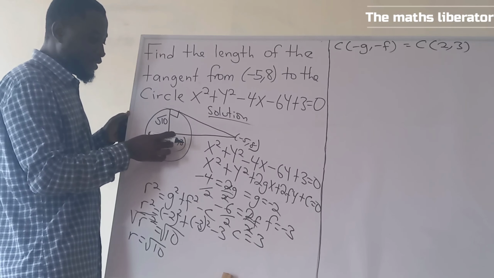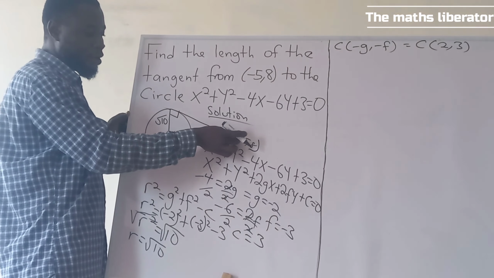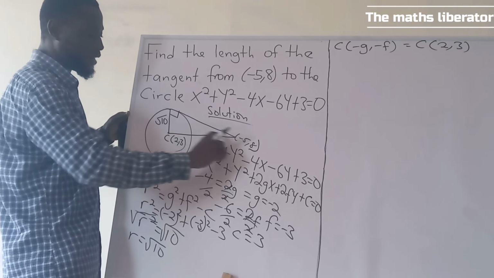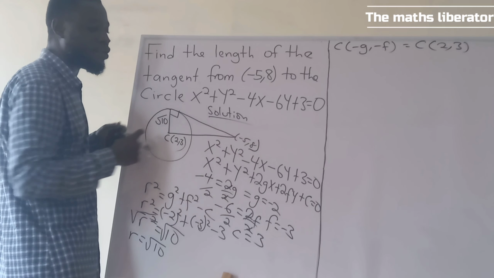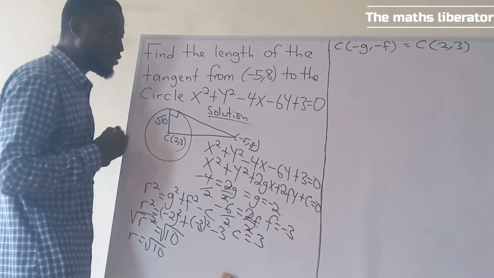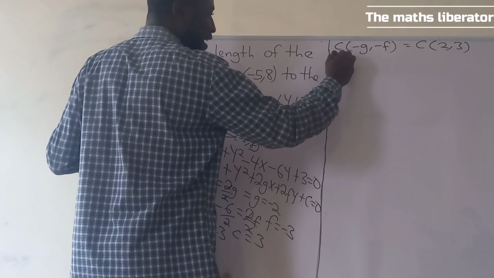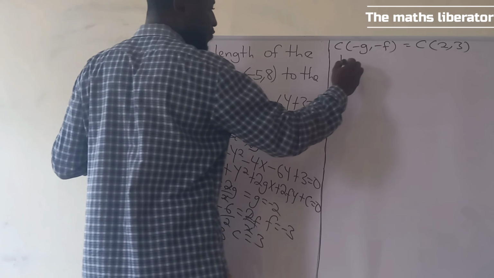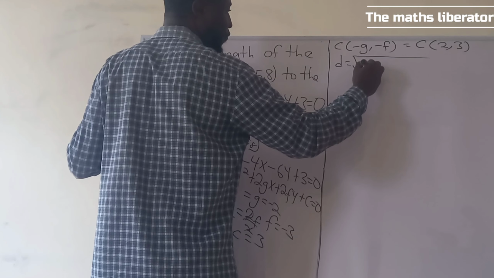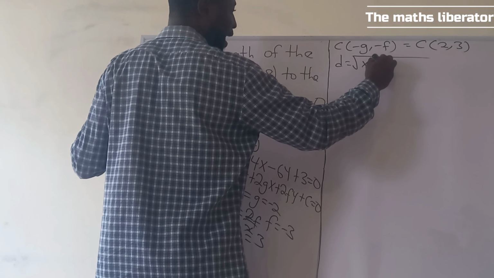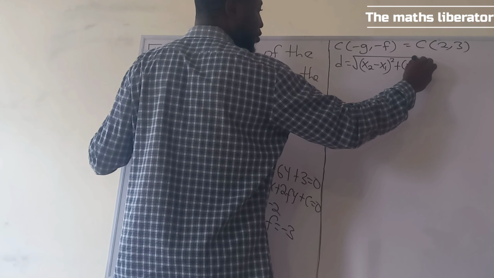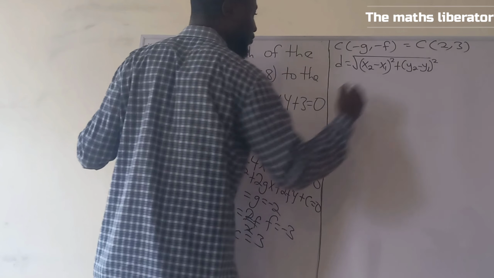Since you have the point for the center and the external point, you can find the distance between these two fixed points by using the distance formula. The distance equals the square root of (x2 minus x1) all squared plus (y2 minus y1) all squared.